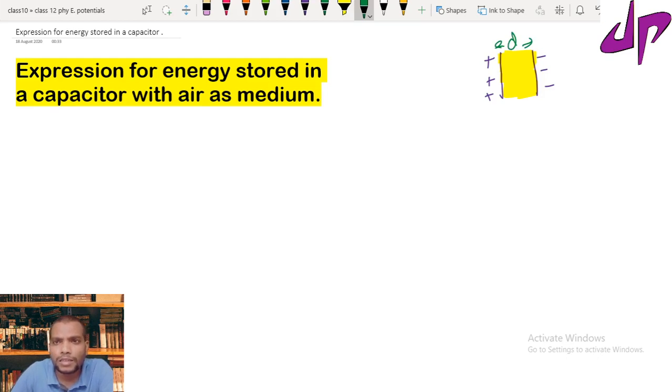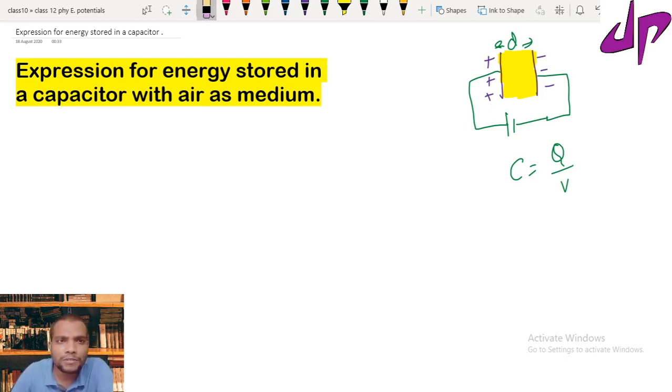They acquire the charge by applying a potential difference. The capacitance C is equal to Q upon V, charge per potential. So this is the expression for the capacitance of a capacitor.